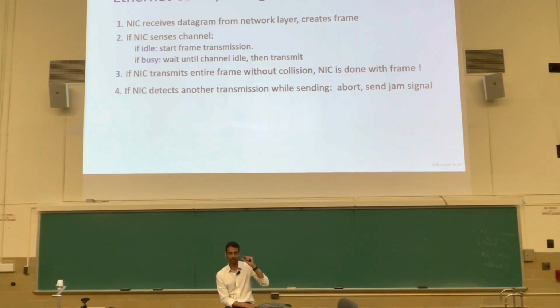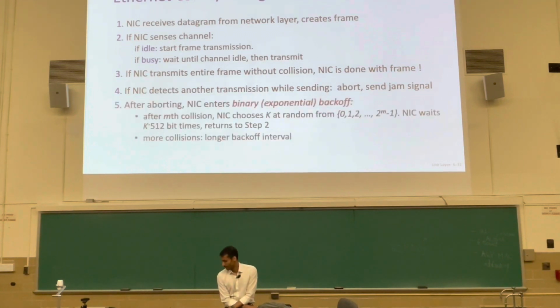Not a single node determining that there is a collision that's happening. It doesn't mean that other nodes necessarily know. This node knows that what it's sending is not the same as what it's hearing on the wire, but other nodes are not sending it. They don't necessarily have the same information. It's good for everybody to know that there was a collision just now. Okay? So it both aborts and sends a jam signal, which indicates there is a collision right now to everybody else. And after aborting, this NIC transmission enters binary exponential backoff.